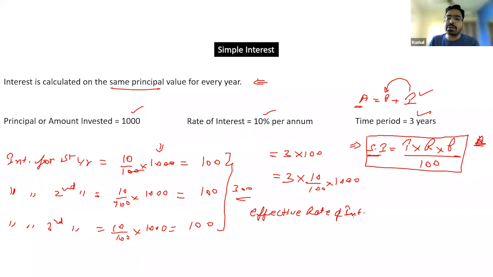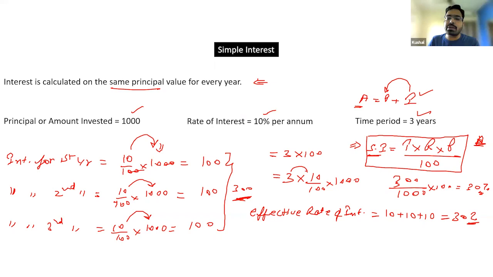I can effectively say that in case of simple interest, I can numerically add the rates to get the effective rate of interest, which is 30%. In fact, if you look at this formula, this 3 into 10 will also give you 30% of 1000. So effective rate of interest is the numerical sum of rate of interest for each of these years when it comes to simple interest. Remember, it will not be the case when it comes to compound interest.